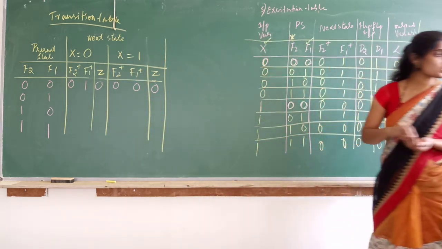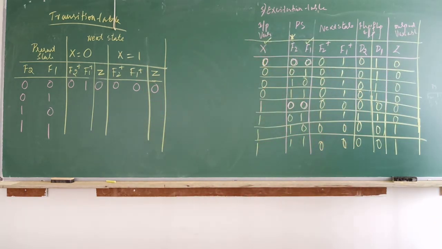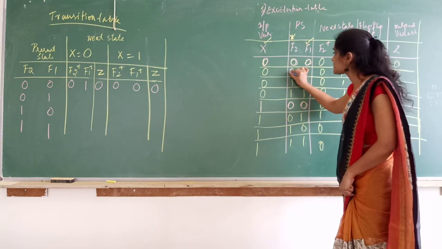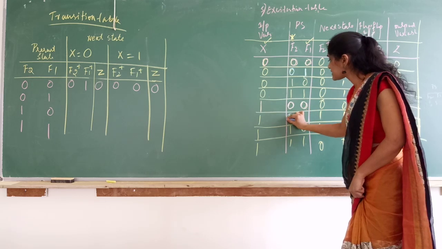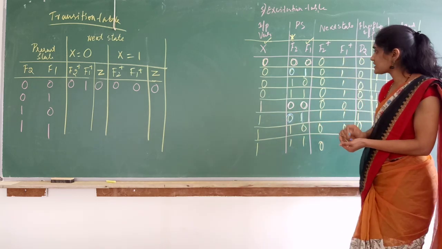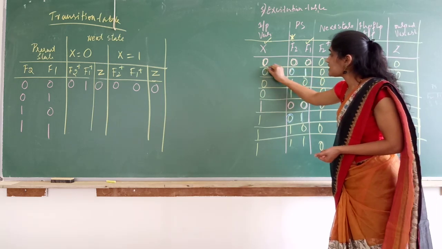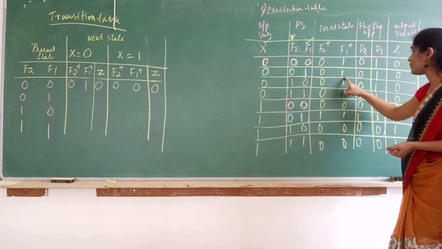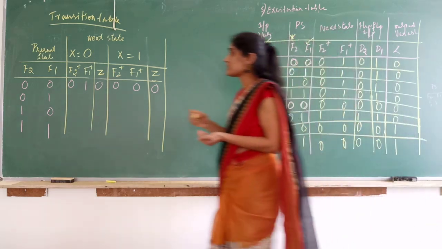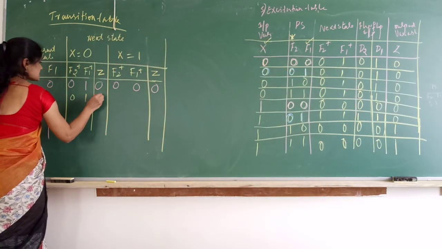Mark where the present state is 0,1. This is 0,1, right? If the present state is 0,1 and X is 0, what is the next state? 0,1. Output is 0. So right here, next state is 0,1, output is 0.